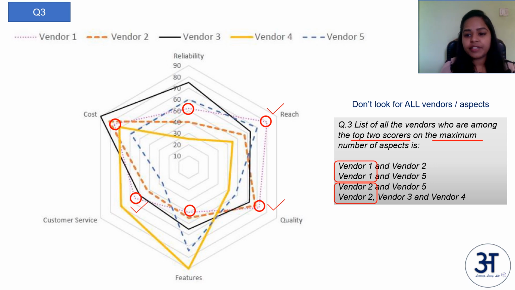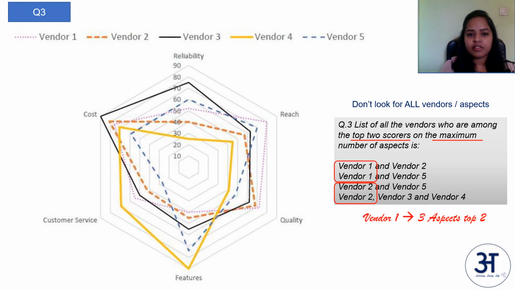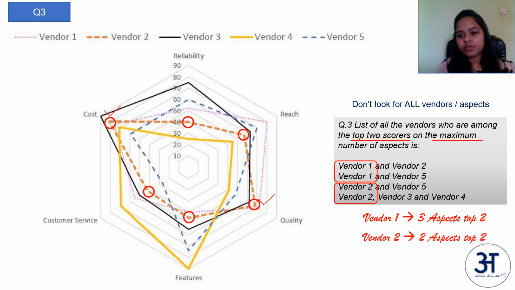Now let me look at vendor 2 and see in how many aspects it is in the top 2. Vendor 2 is in the top 2 in only 2 of the aspects, in quality and in cost. In quality it is first and in cost it is second. So clearly you can eliminate vendor 2 because vendor 1 is in the top 2 in more aspects as compared to vendor 2.